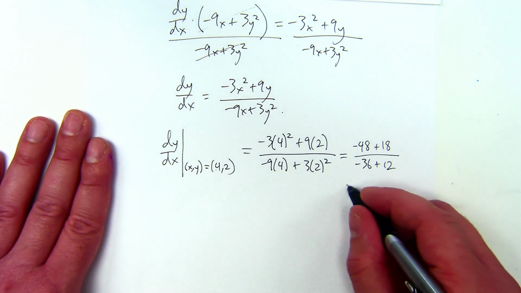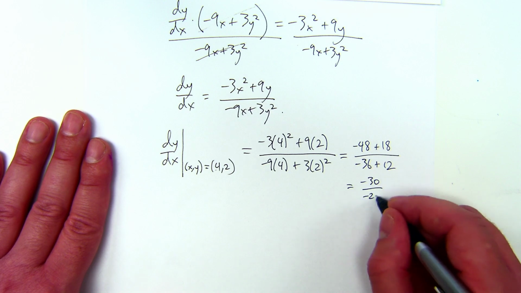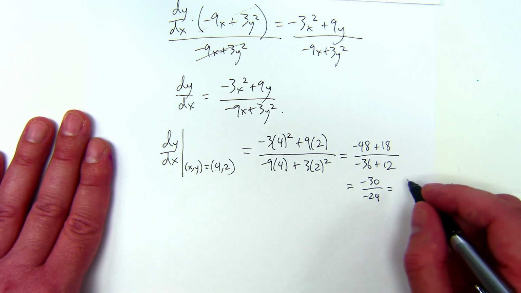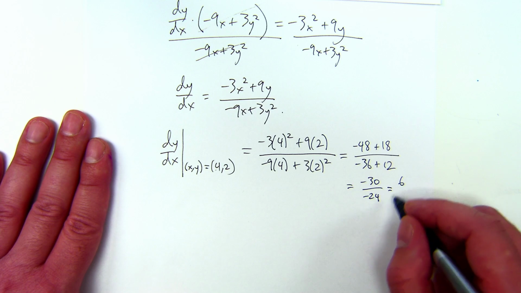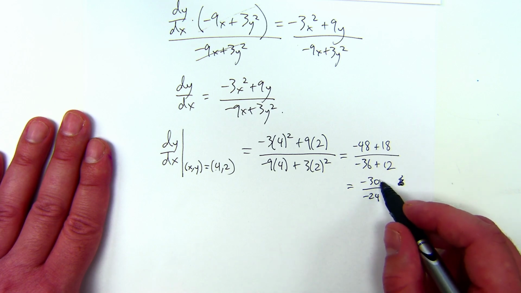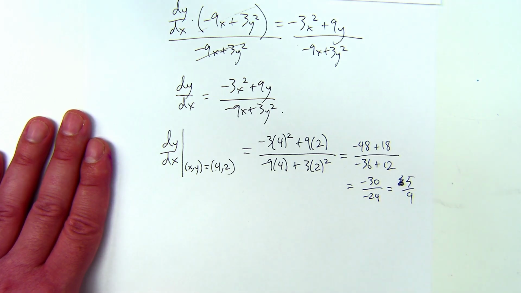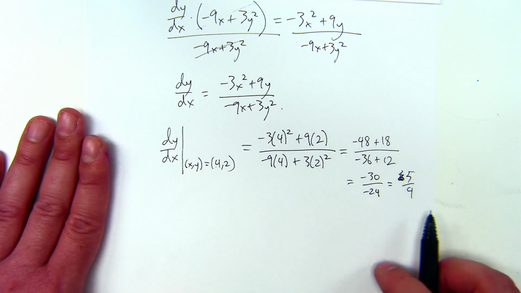So that's negative 30 divided by negative 24. We can cancel 6 and everything, so we get positive 5/4, right?